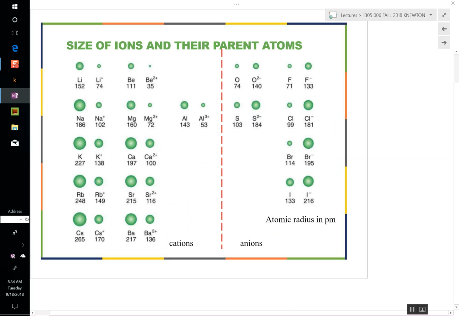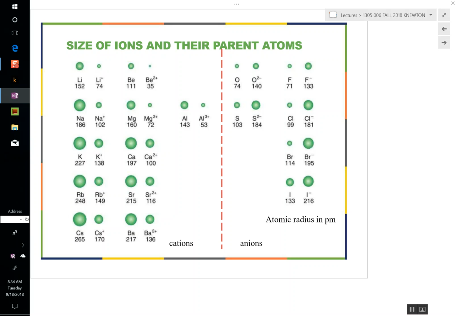Cation size and anion size. Another picture. All I want you to do, don't compare this to that. Just compare that to that. There's a sodium atom. How big it is. There is a sodium ion. A lot smaller. This had a 3s1 electron, and that has lost it.